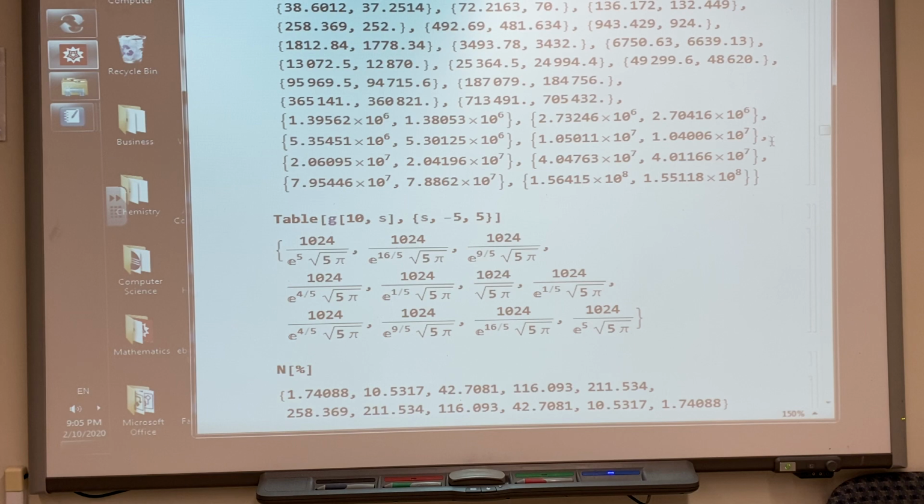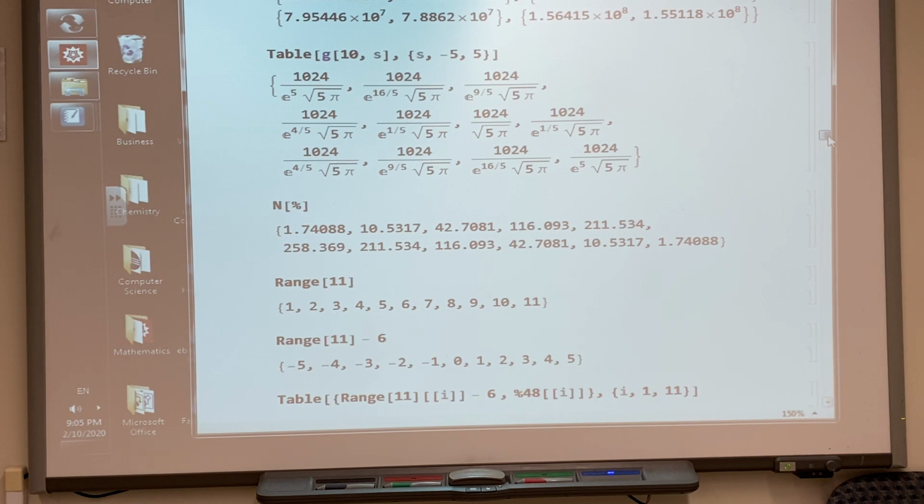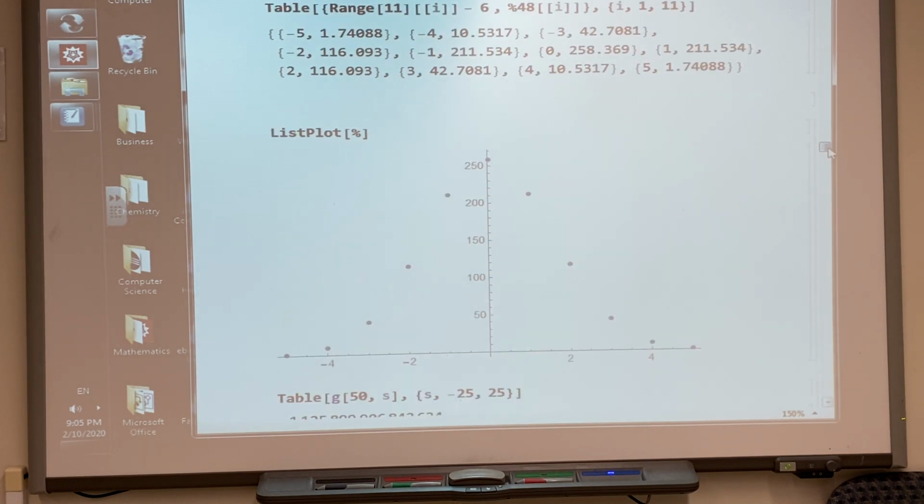So numerically, here you have it. This is the Gaussian approximation to the binomial for 10 particles. And here I plotted it. That's what you get. The maximum is around 250, and it decays this way. So it's a soft decay. This corresponds to 0 spins up, 1 spin up, 2 spins up, 3, 4, 5. This would be the maximum.